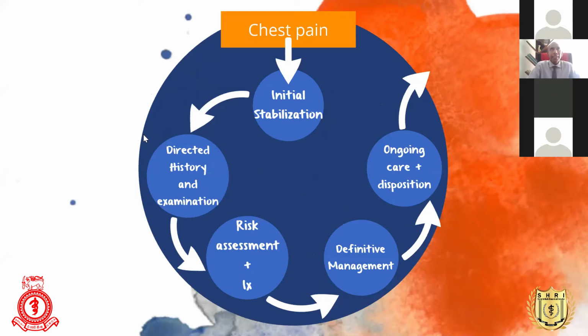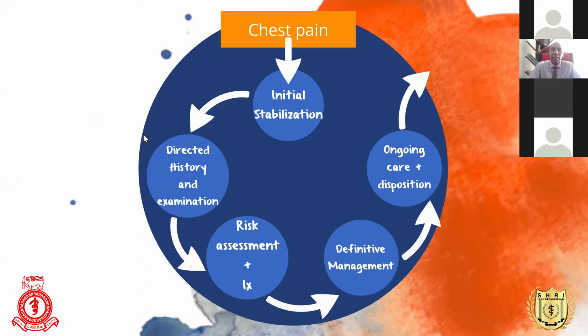Chest pain is a critical, concerning symptom. So all the patients in the emergency department, we are now implementing a triage system in most of the hospitals. It's in process. So they have to be categorized.